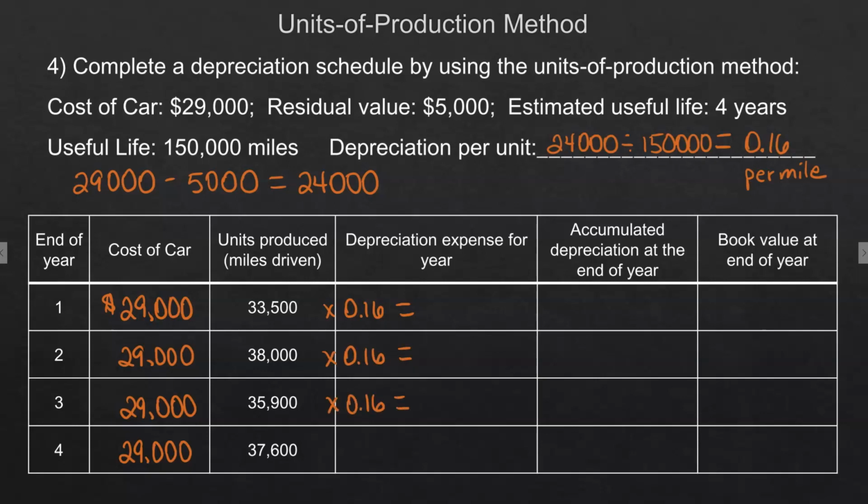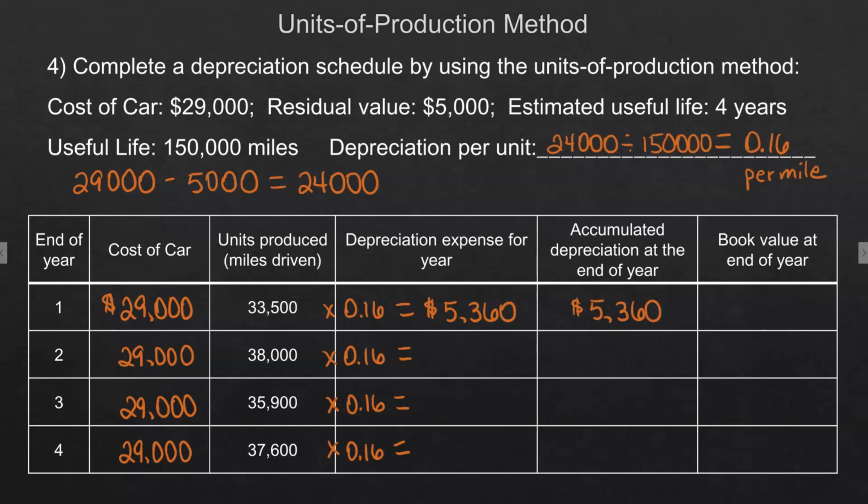And you'll notice that it's different each year. The straight line, we had the same amount every year, but for this, it's going to change each year. So we just multiply each one of these.